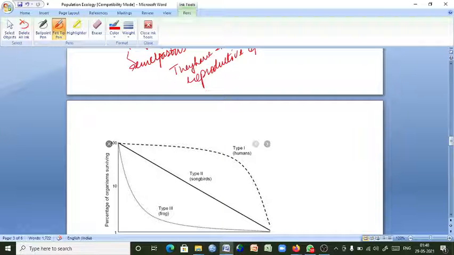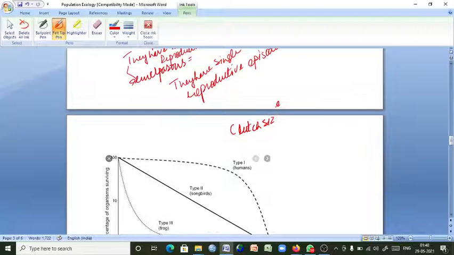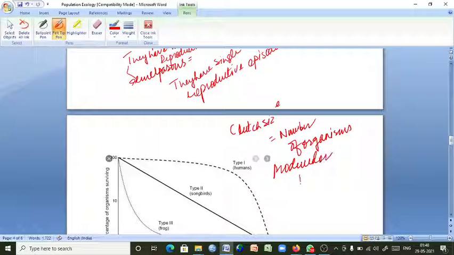Here we also get another term known as clutch size. This indicates the number of organisms produced or formed per reproductive episode.